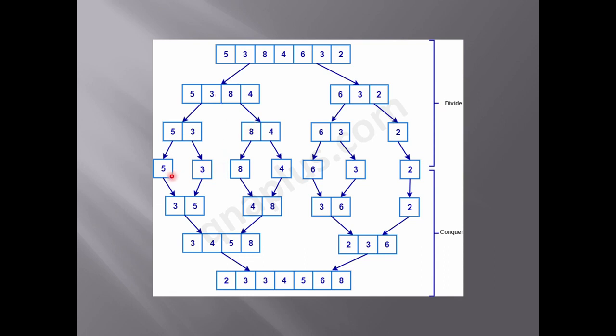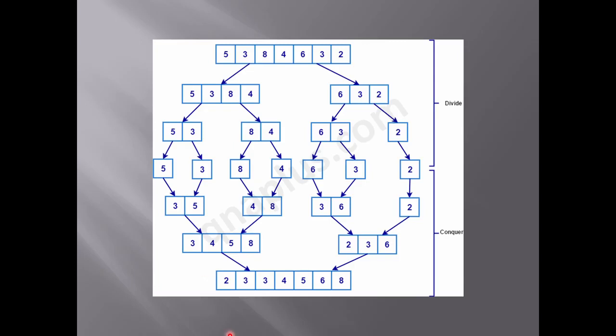Next, two indexes are compared and sorted, and compared and sorted. Likewise, first it will compare and sort, and then it will combine to form a single array, and it gives the result in a sorted manner.